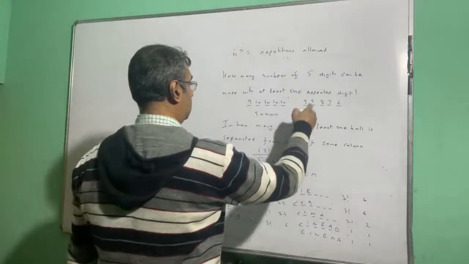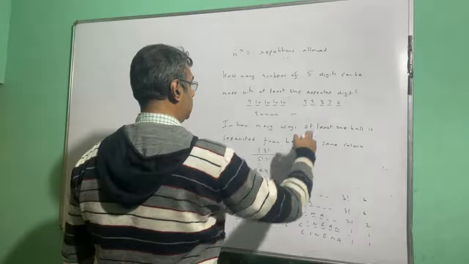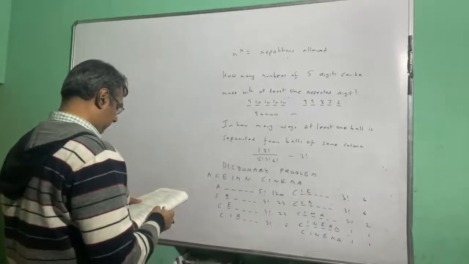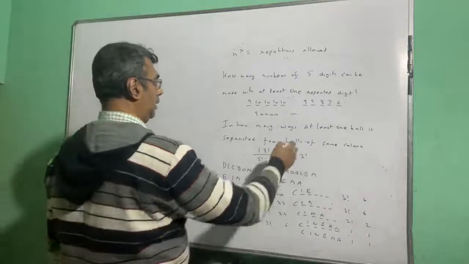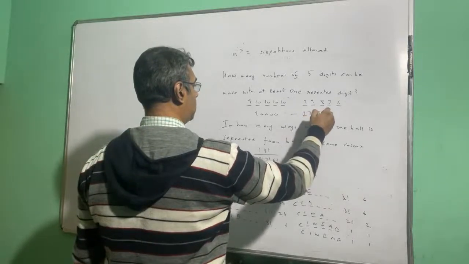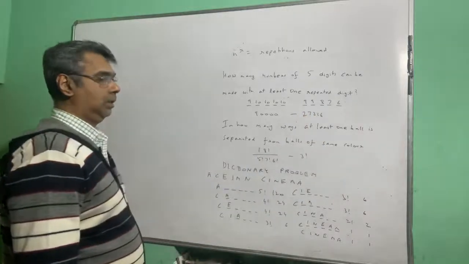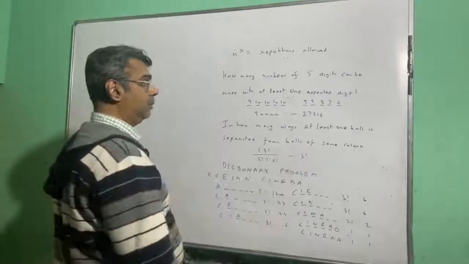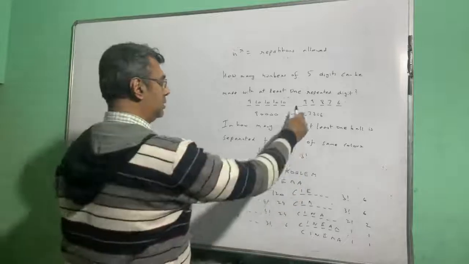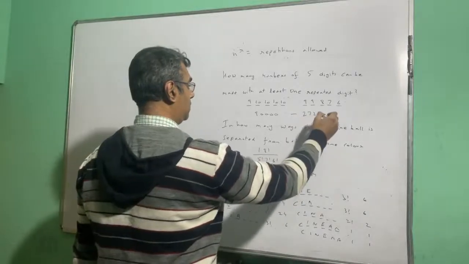And this is 27216. What is the logic behind it? That means that there won't be any repetition at all. So 9 into 9 into 8 into 7 into 6.